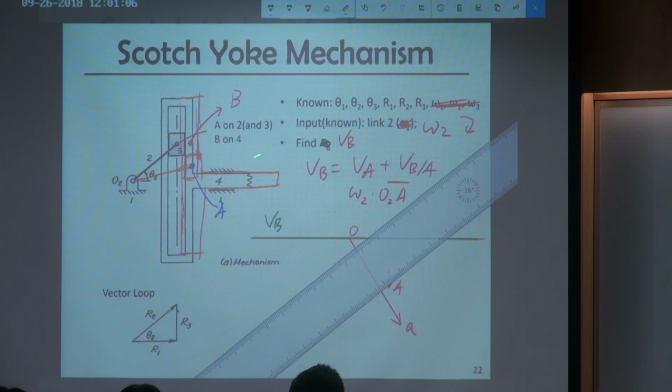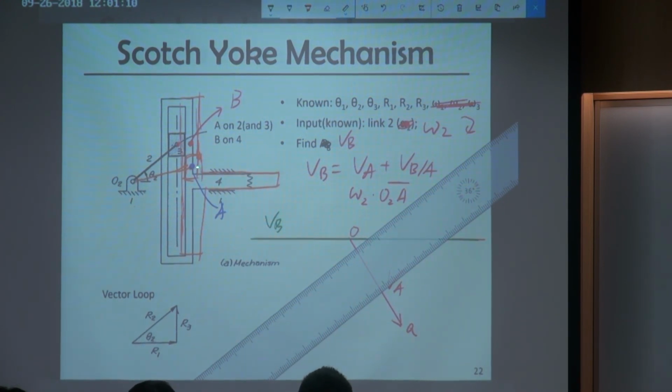It's always along this direction, right? Suppose you are standing on point B. You will see B going further or coming closer, but it's not going to the left or to the right.